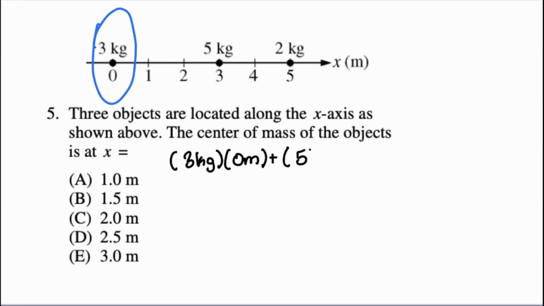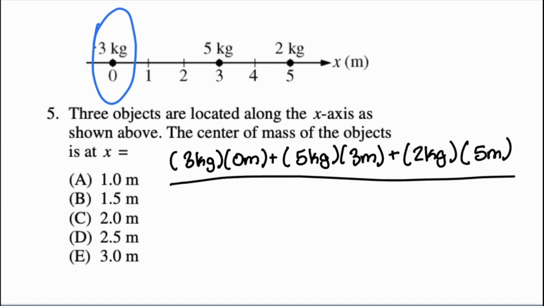Then we have our second mass, 5 kilograms, and it's a distance 3 meters away from that reference. And then finally, we have our third mass, which is 2 kilograms, which is a distance of 5 meters away from the reference. And then the total mass of all 3 of those individual masses is 10 kilograms.